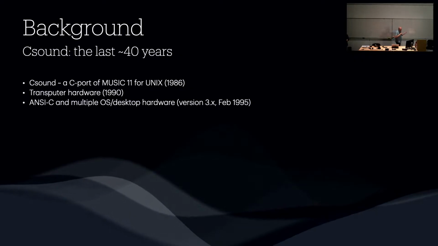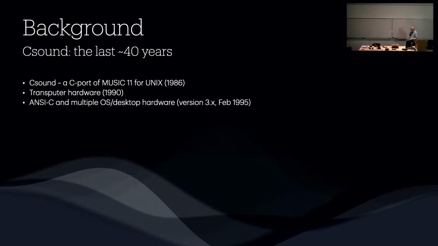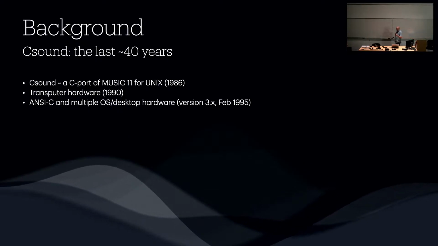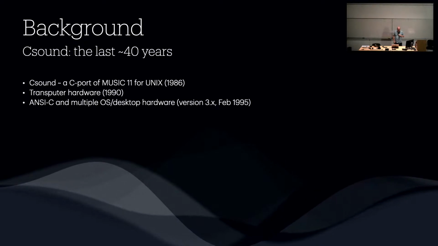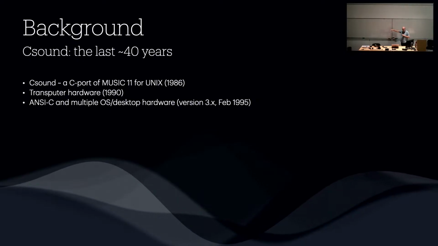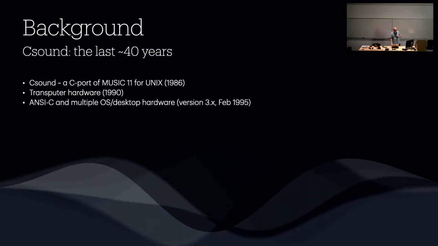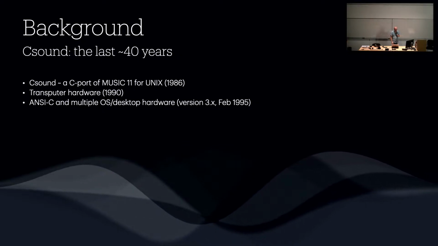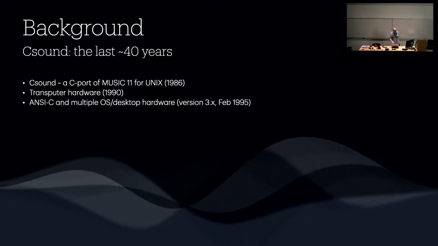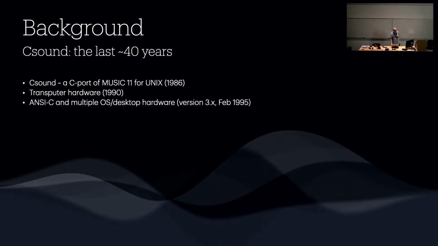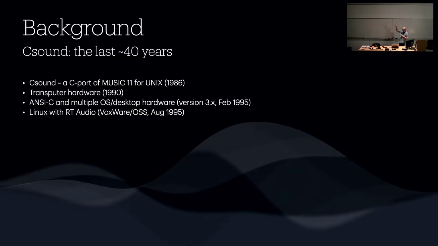But in the 90s, the source was taken over by John Fitch at the University of Bath, and he rewrote it in ANSI C because it used to be all K&R C, and basically ported it to all sorts of hardware and desktop OSs that had a C compiler. So that was version 3.